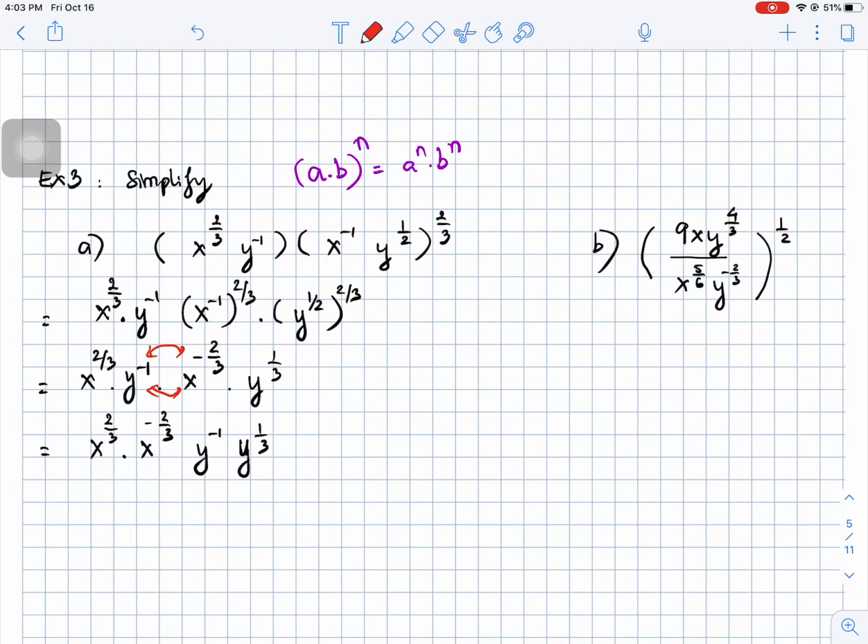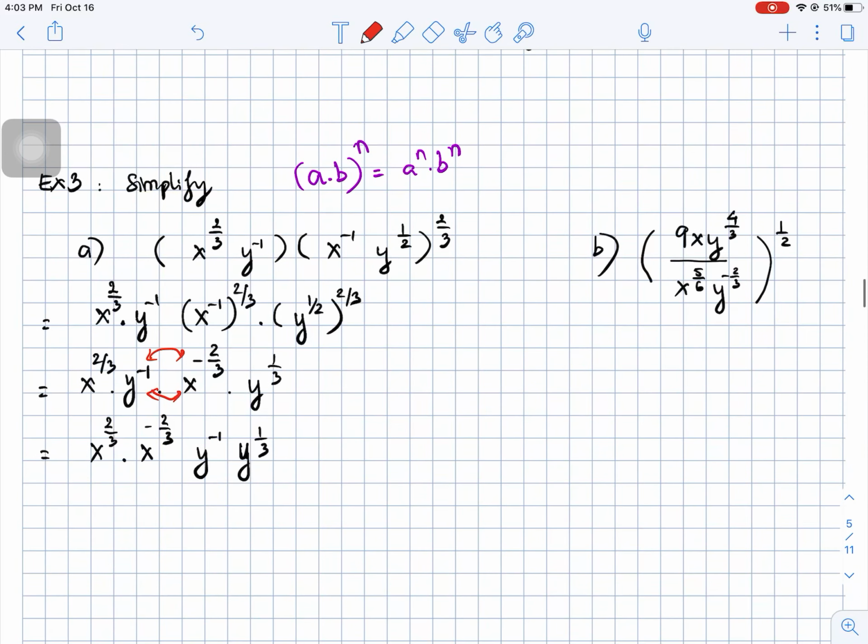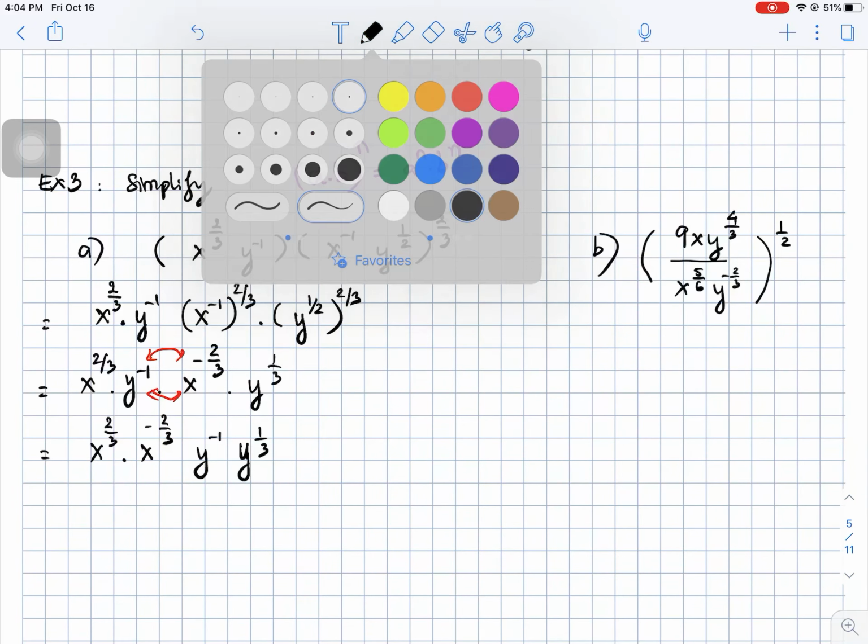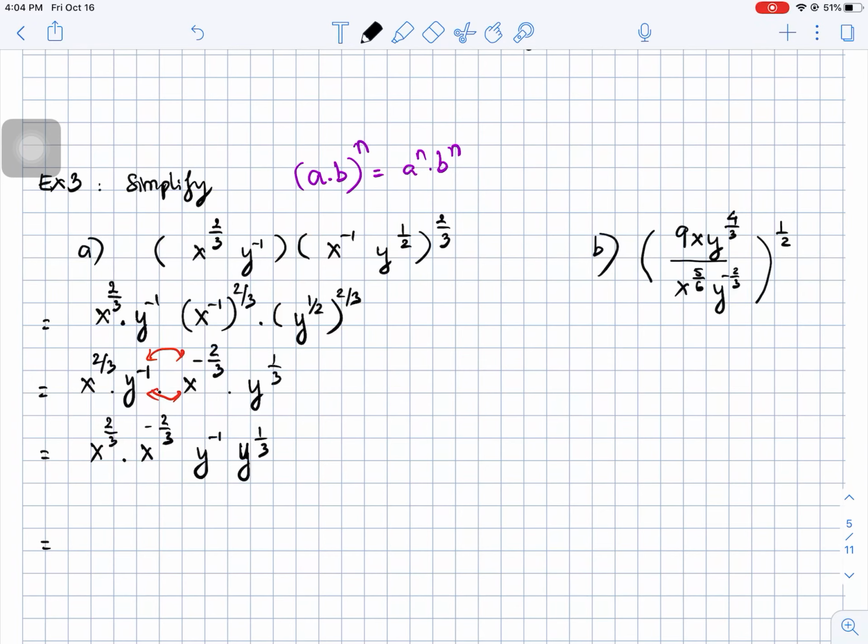So what I'm going to do is move the x next to each other and the y next to each other. The reason why we can do that is because we have numbers multiplying. For example, 2 times 3, you switch the 3 and the 2, you still get the same result.